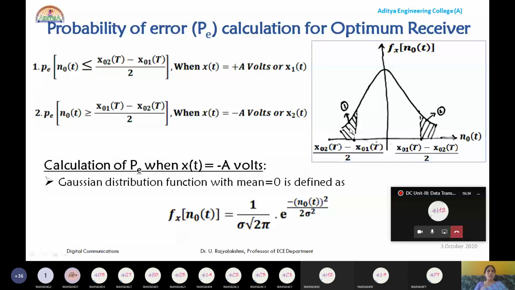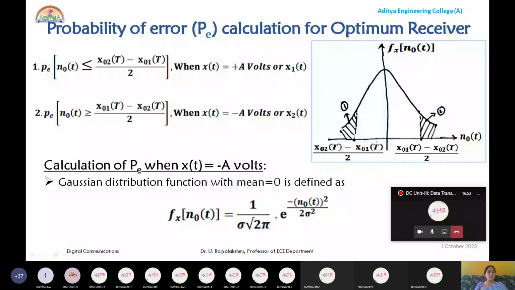Simultaneously you can observe equations 1 and 2 and the graph. This graph represents the probability distribution function of the output noise, because we are going to estimate the value of output noise. Please observe equation 1.